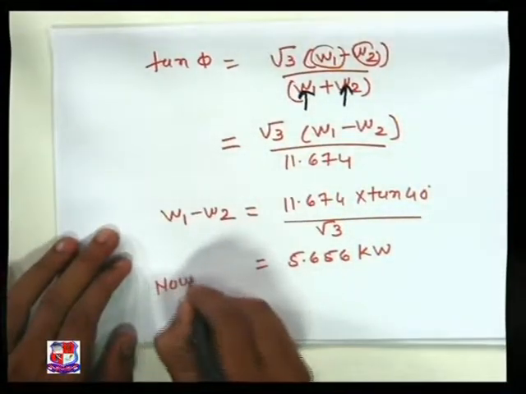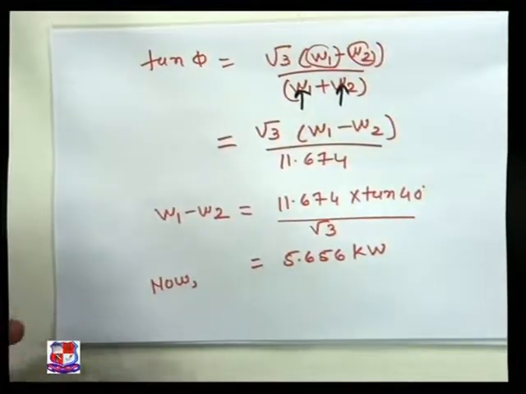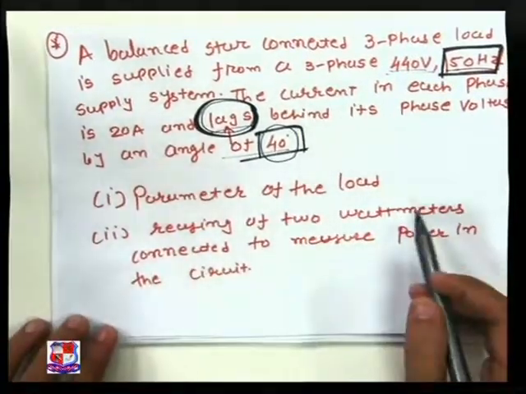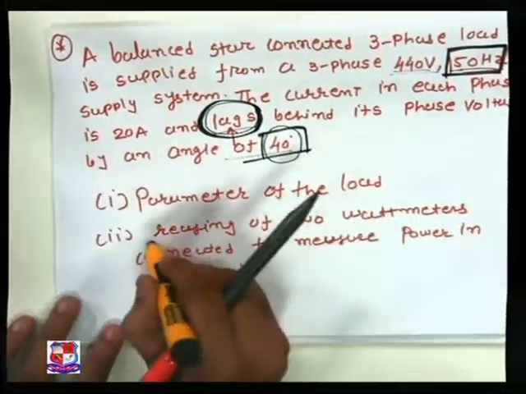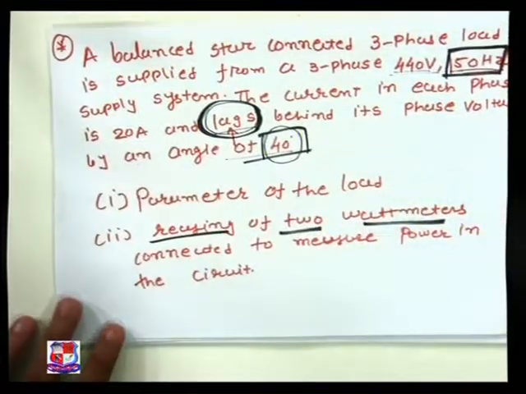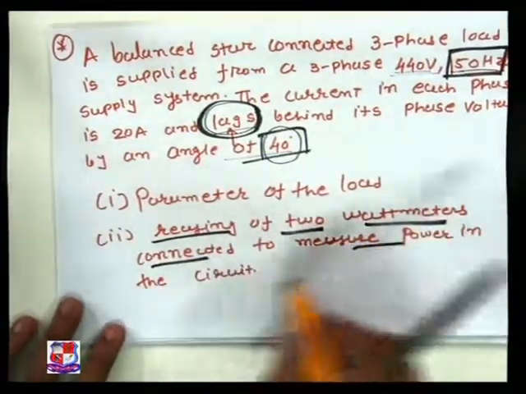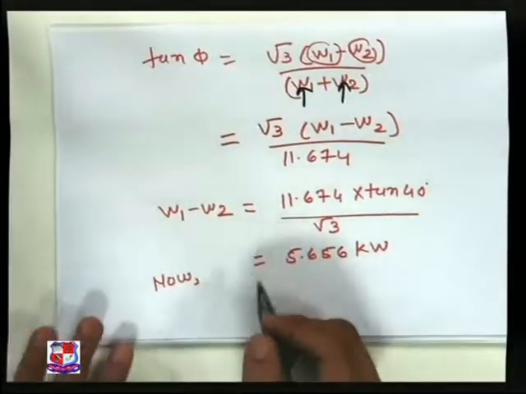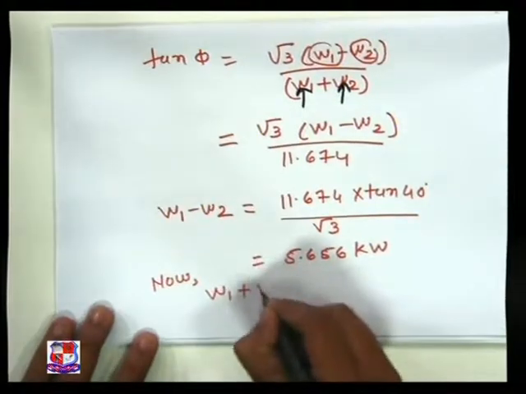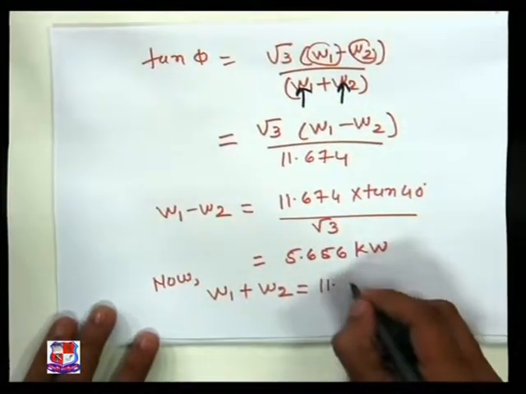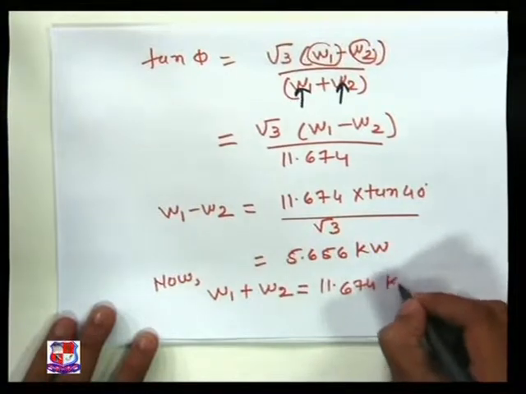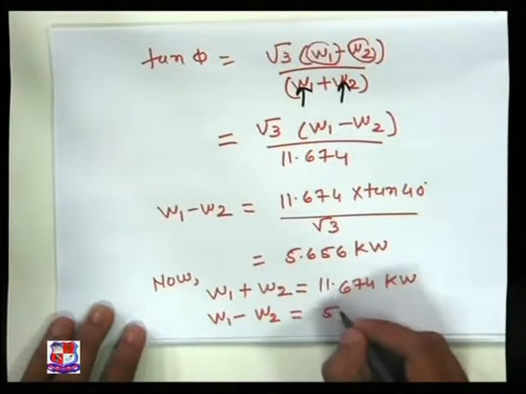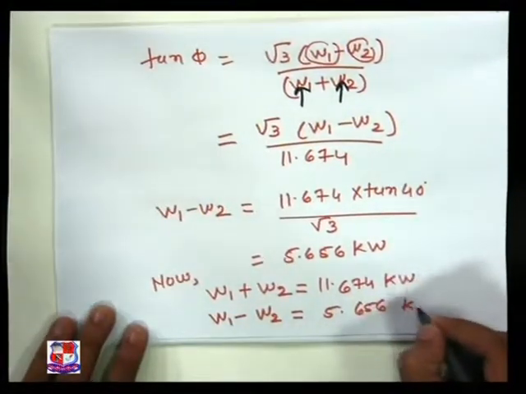Now we have to find the two wattmeter readings, the individual readings of the two wattmeters. So everyone has to carefully note what is given in the example. We have W1 plus W2 as 11.674 kilowatt and W1 minus W2 as 5.656 kilowatt.